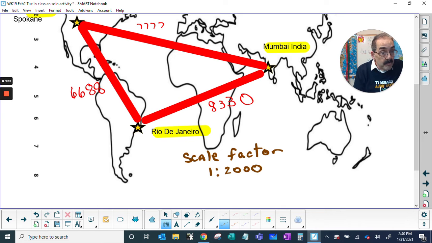Another way to read that is 1 over 2,000. So we divide everything by 2,000. Okay? So let's just write that in here. We're going to divide this by 2,000, this by 2,000, and this by 2,000, okay?